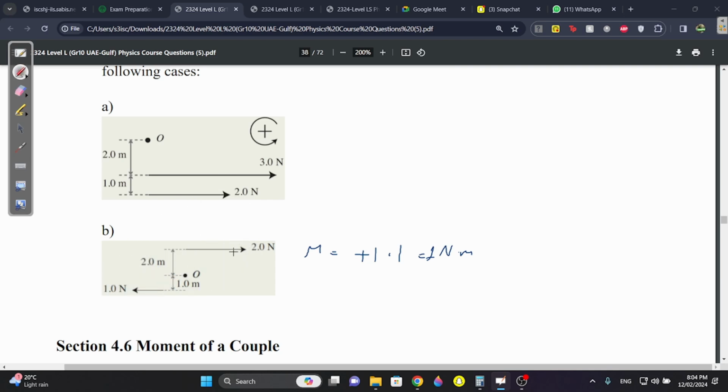Let me use the colors like this. It will be the blue arrow, obviously, because that's the shorter arrow. And that's clockwise, so it's going to be negative. The second one would be negative 2 times the distance, which is 2, which is negative 4.